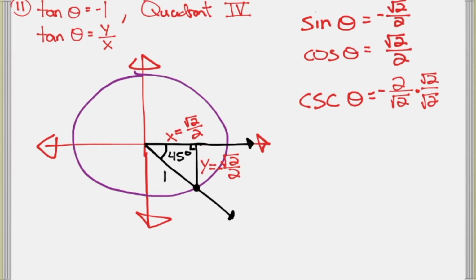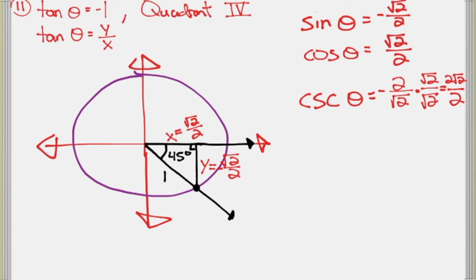Because again, radical 2 times radical 2 is 2. So when we simplify that, we know that's going to give us a denominator of 2. And then in the top, we just have 2 radical 2.